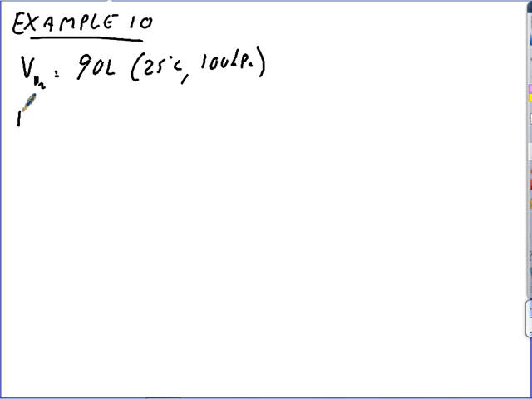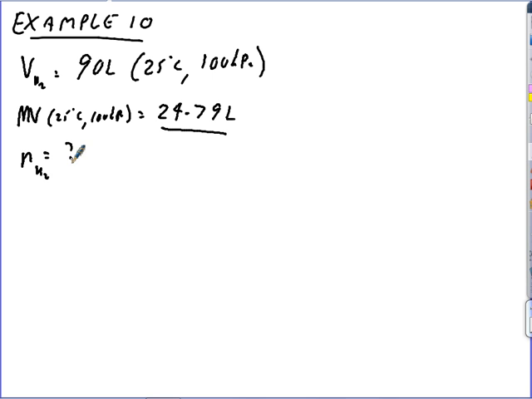So we can look at our data sheet now, and you can see the molar volume at 25 degrees and 100 kilopascals is 24.79 litres. That means a mole of any gas at 25 degrees and 100 kilopascals is 24.79 litres. We're trying to find how many moles of hydrogen gas we've got, and we've got an equation for that. Number of moles is the volume divided by the molar volume.